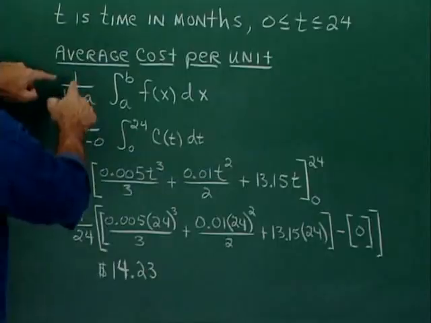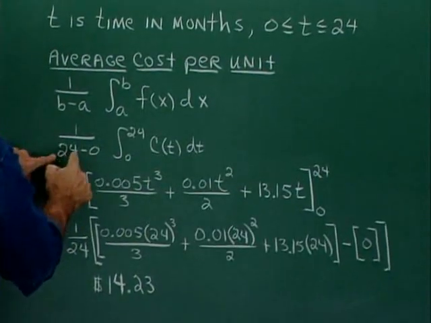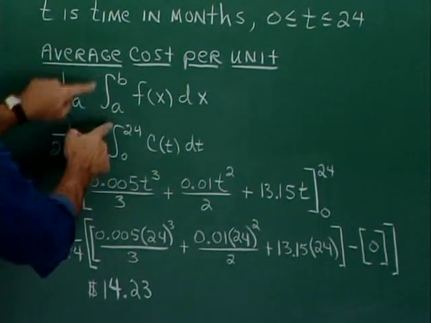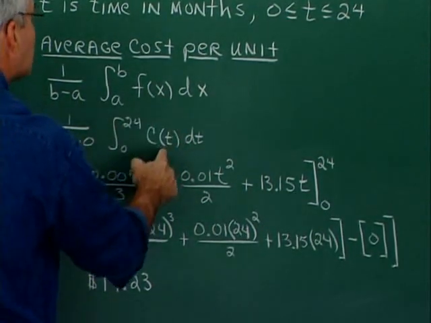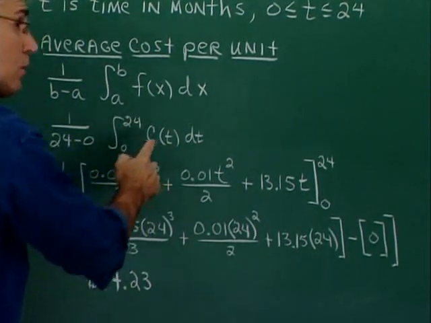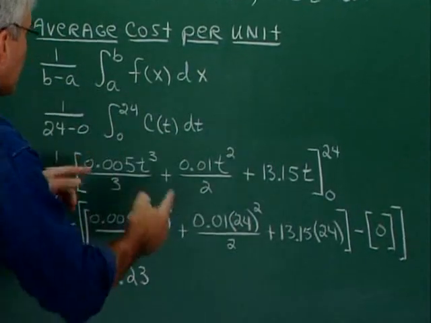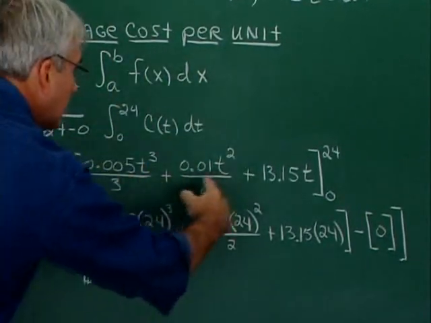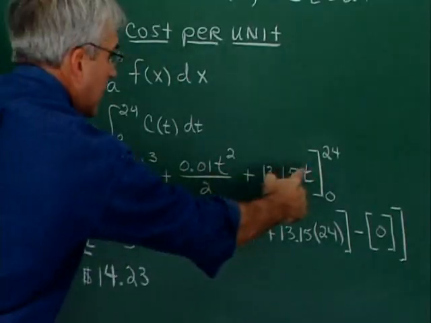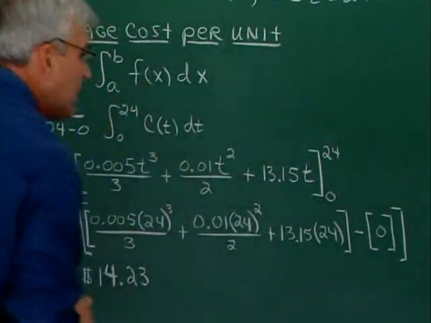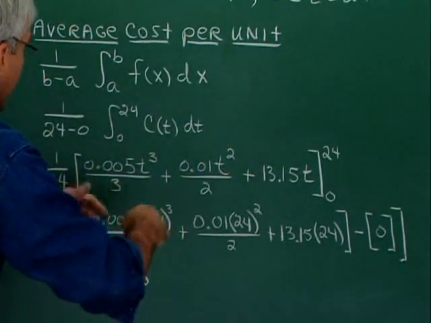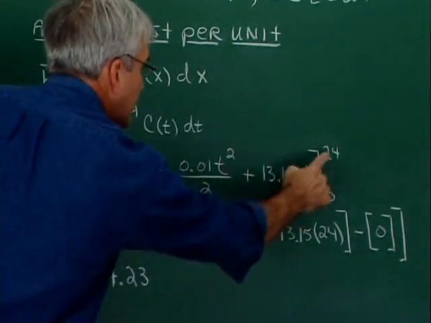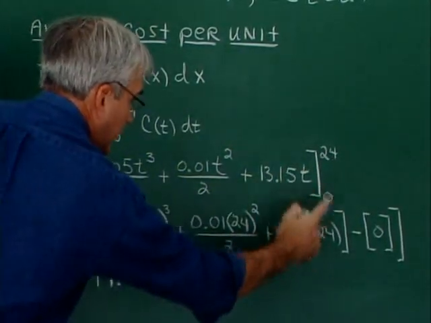Away we go. We have 1 over b minus a, 24 minus 0. And the interval is from 0 to 24. And our function is this cost function. Now we want the integral of that cost function, and we've calculated it here. And we have 0 to 24 as our interval. So once again, we just find F of b minus F of a. For F of b, replace all these t's with 24 in this expression.